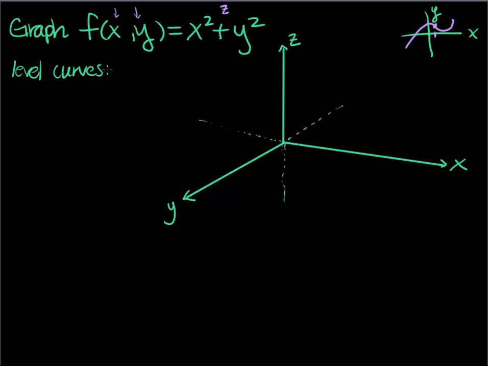Level curves is basically taking something like a three-dimensional object and slicing it a bunch of times at different z values. So for example, if z is equal to 1, what does my function become? Remember, this is x squared plus y squared equals 1. What if z is equal to 4?